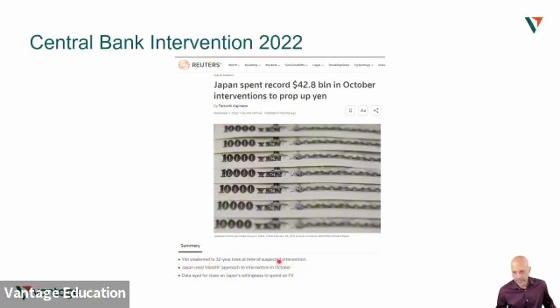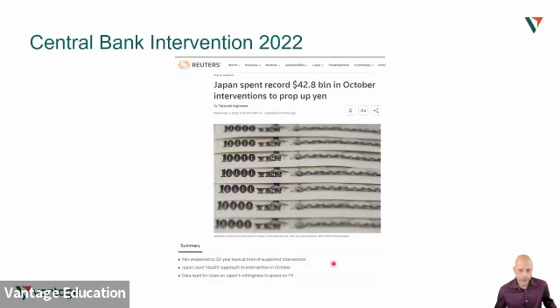Now, when intervention measures take place, the Bank of Japan will not officially announce it, but we will see that price action being reflected on the charts, which is clearly obvious. And within a couple of weeks or maybe even by the end of the month, sometimes we would see an official statement being released by the BOJ to say that they had taken part in intervention operations, but sometimes they may not come up with an official statement as well.